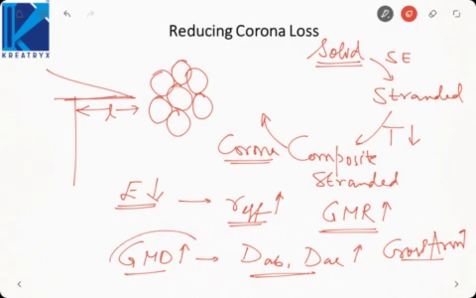So we cannot increase GMD, we have to focus on GMR. Now this GMR can be increased by means of bundled conductors. That is why we move from standard conductor to bundled conductor, to reduce the corona loss, as they increase the effective radius and thus reduce the electric field, because electric field is lambda by 2 pi epsilon naught r. So they reduce the electric field by increasing the effective radius and hence corona loss reduces.